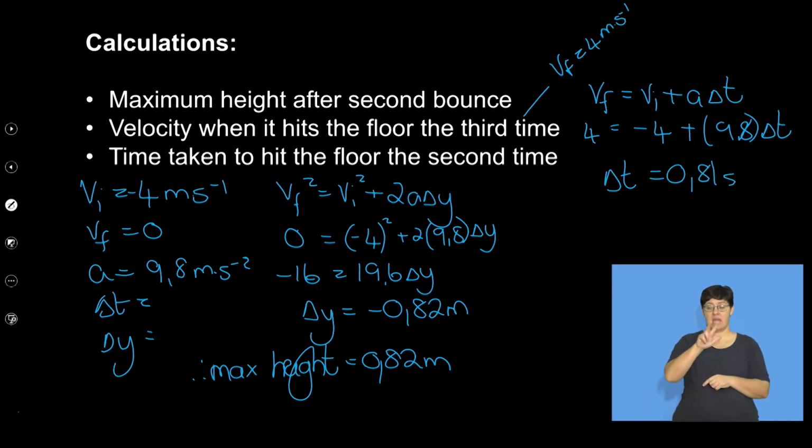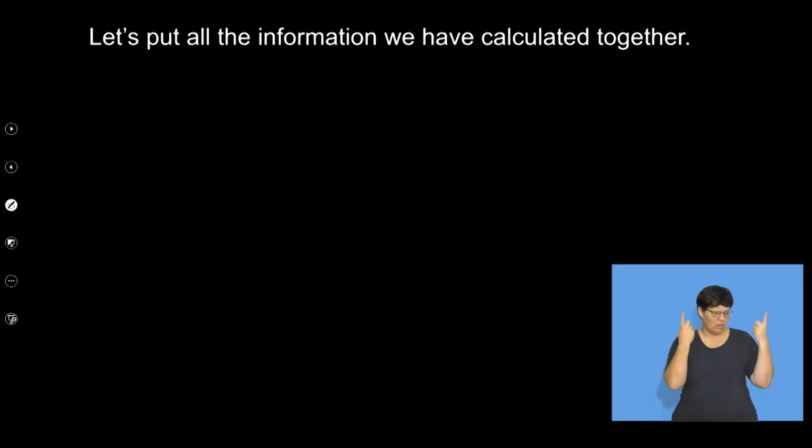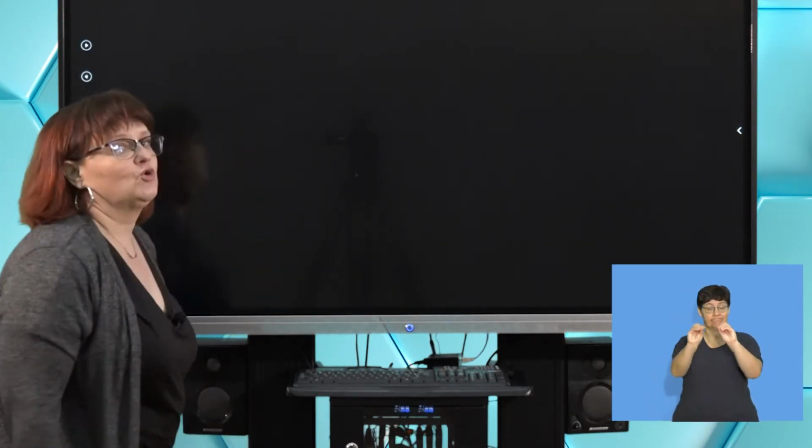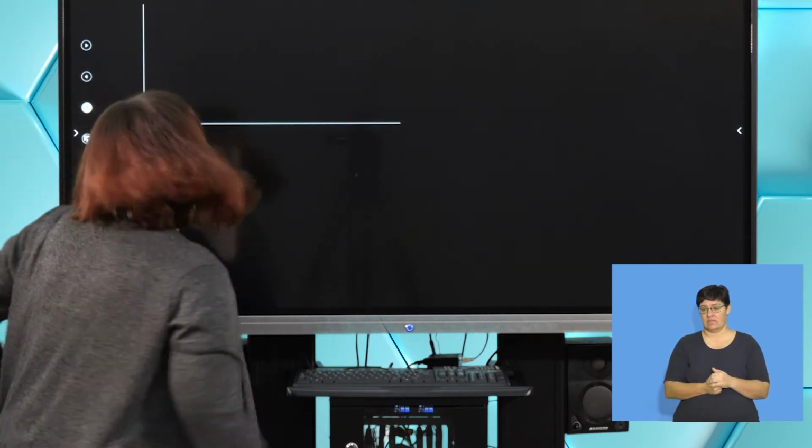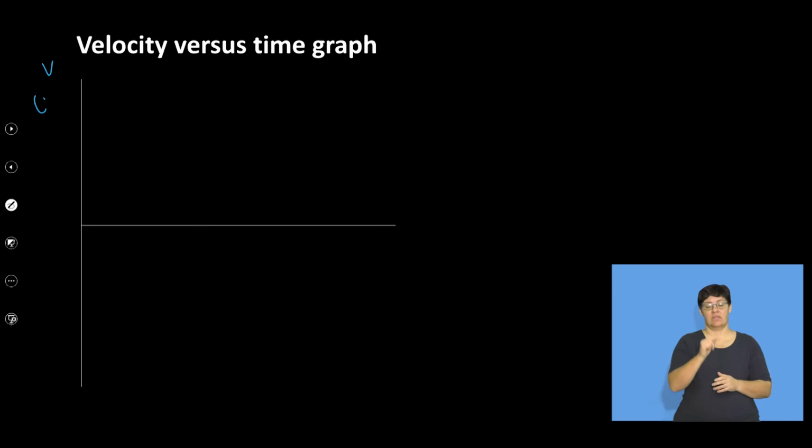Why did we do all of this? So that we could put that information together on a graph, okay? So, velocity time graph. And we're going to do this very quickly. Was dropped. Initial velocity was 0. Bounced, hit the floor at, we worked this out, give me a second, at 5.51.